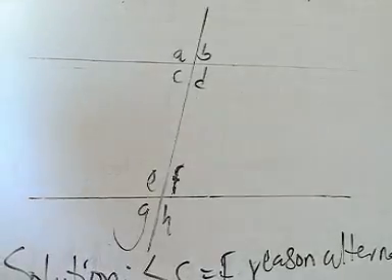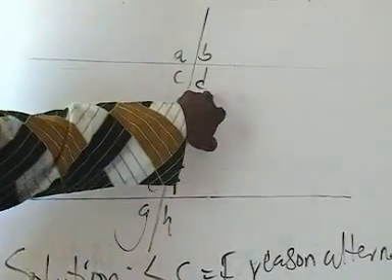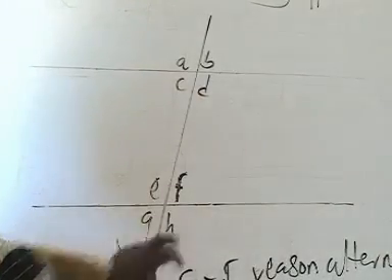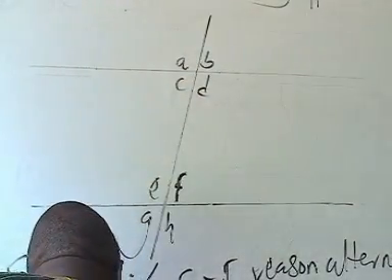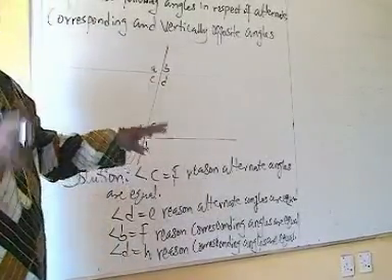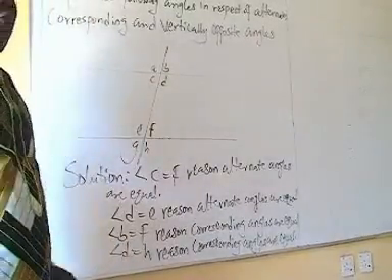Then D equals to what? H. So D here equals to H. Reason: corresponding angles are equal.